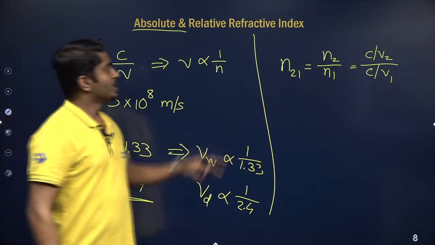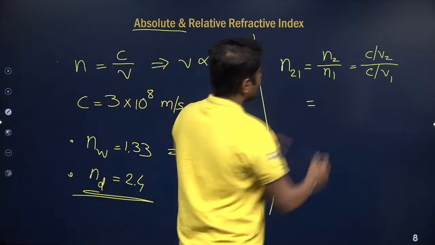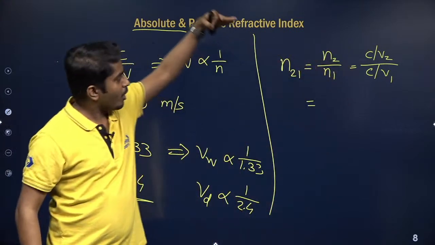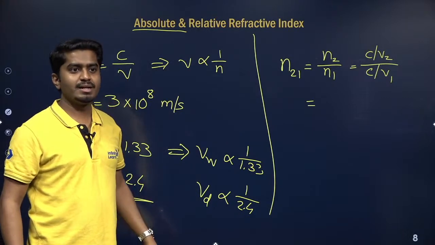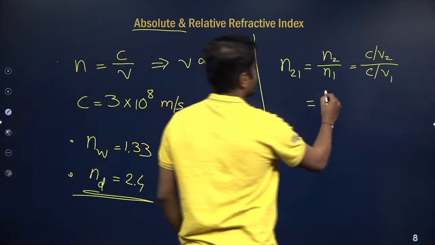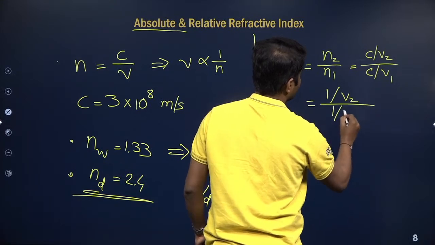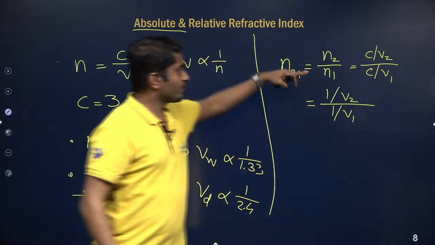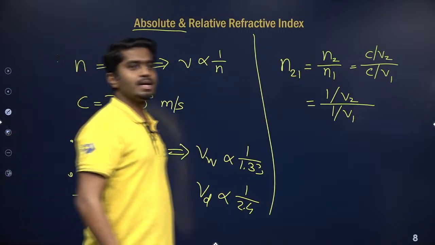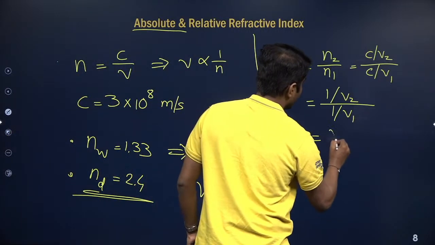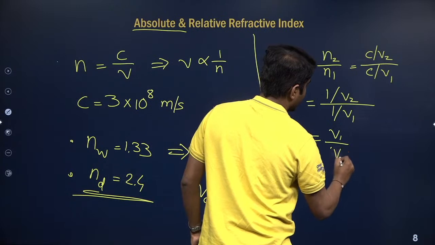Okay, so you can cancel the c from numerator and denominator. What is left is 1 by v2 divided by 1 by v1. If you rearrange the terms, it comes out to be v1 divided by v2.